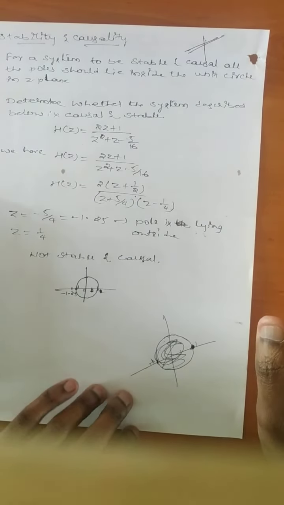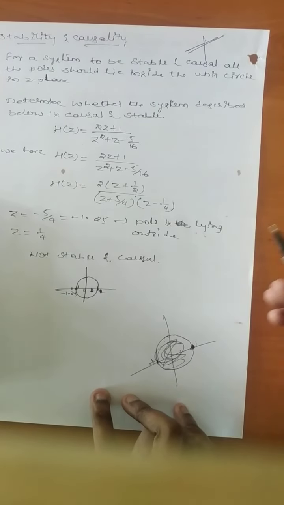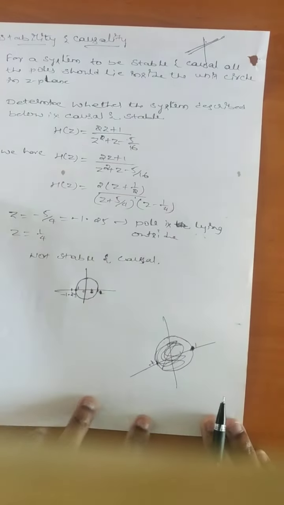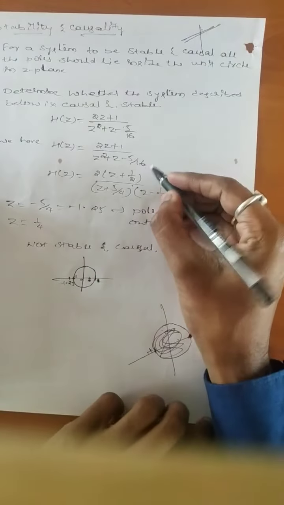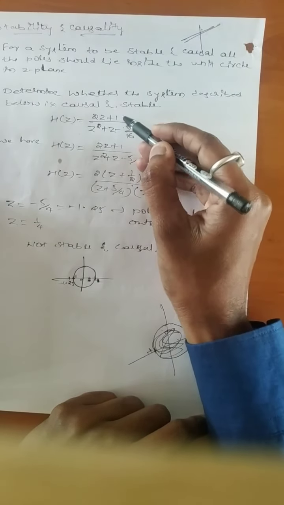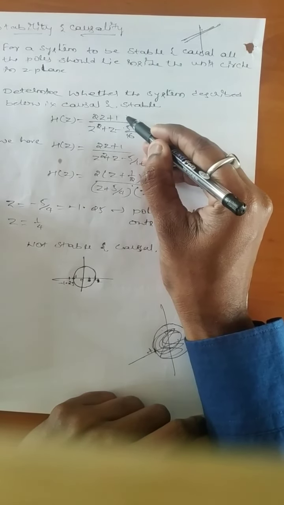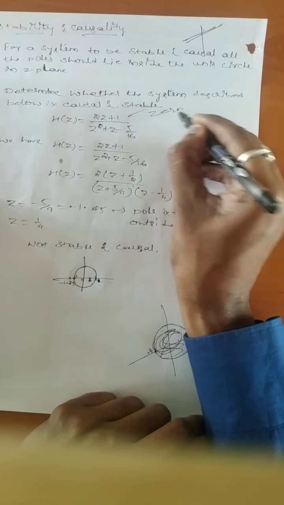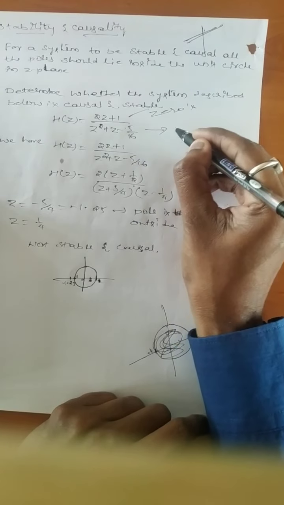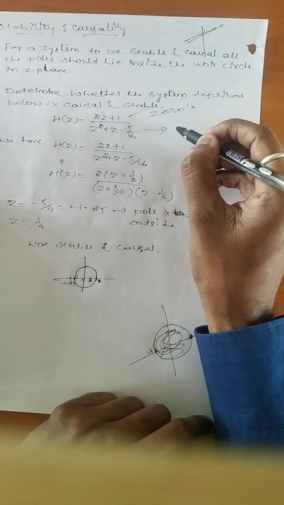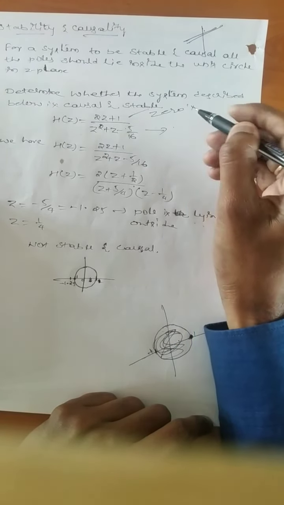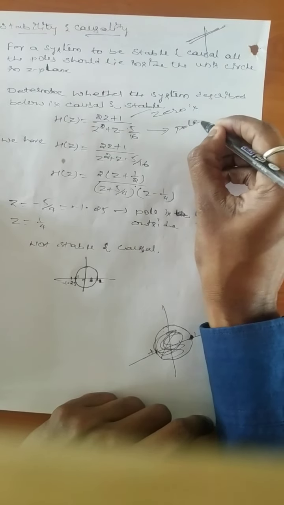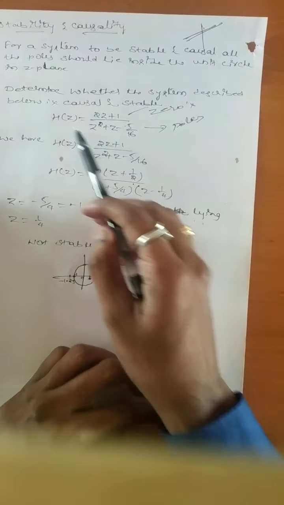Then only we call it a stable system or a causal system. And the values which are present in the numerator will be considered as zeros, and the values which are present in the denominator will be considered as poles.